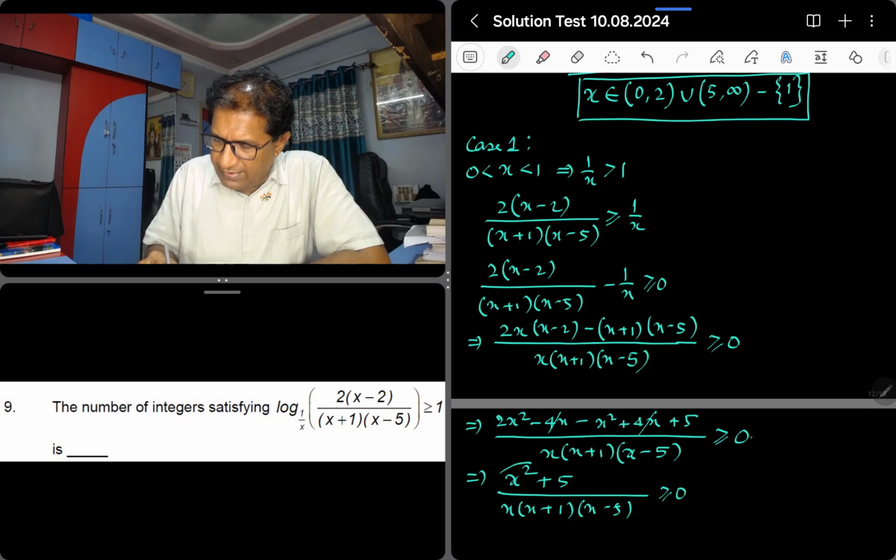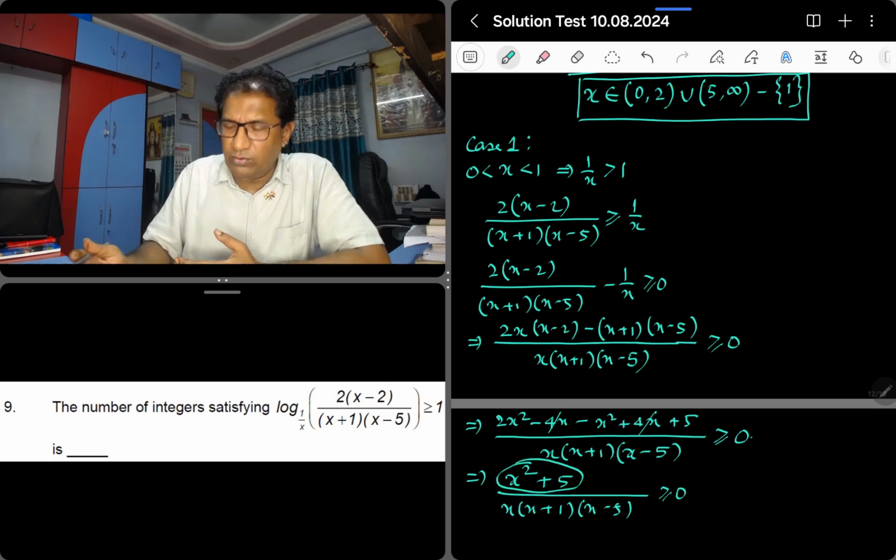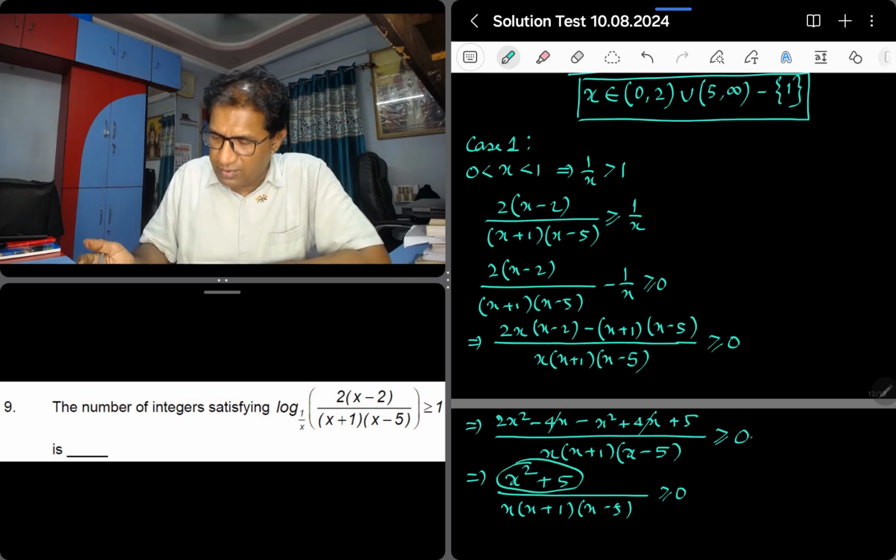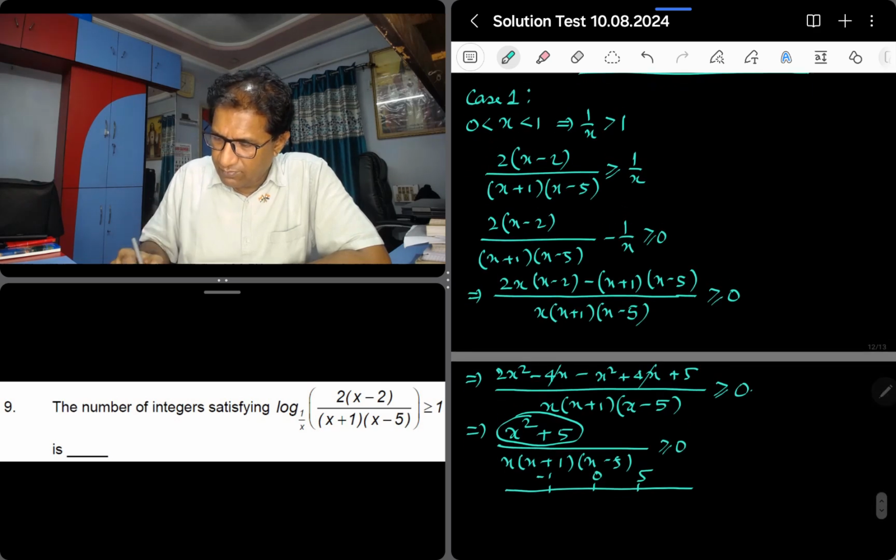So this part x square plus 5, we all know that for all real values of x this is always positive. Therefore our critical points come to be minus 1, 0 and 5. So plus, minus, plus, minus.